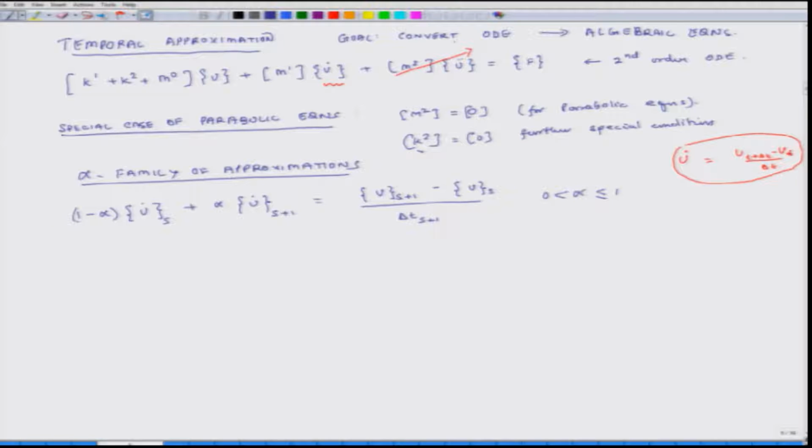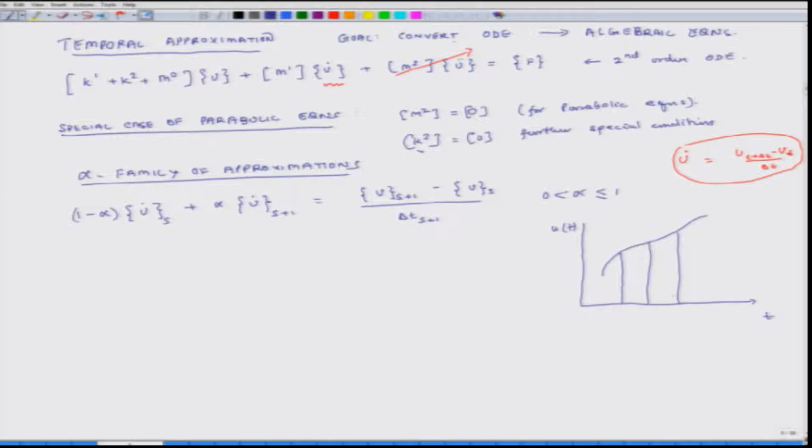So, let us see what this means. Suppose this is u versus time. So, u is some variable which is a function of time, and I am plotting it against the time axis. Let us look at 3 points.